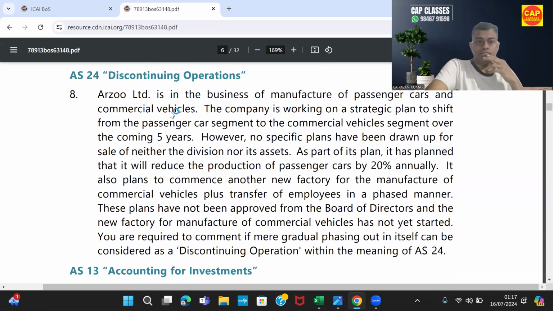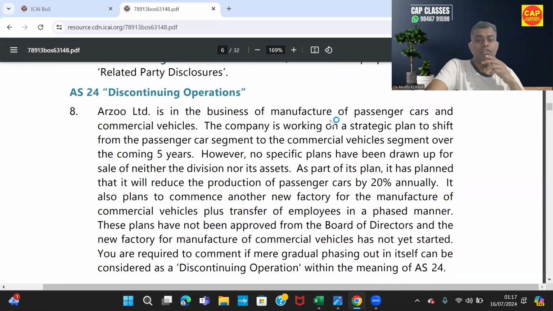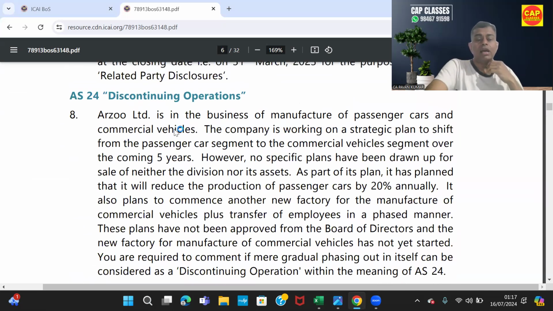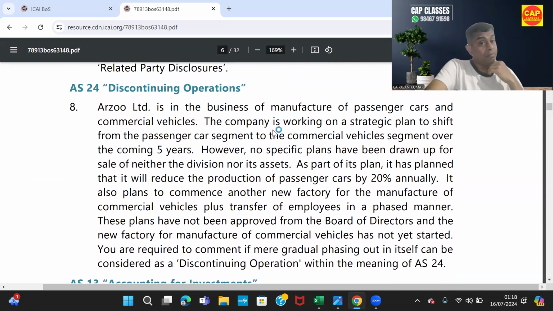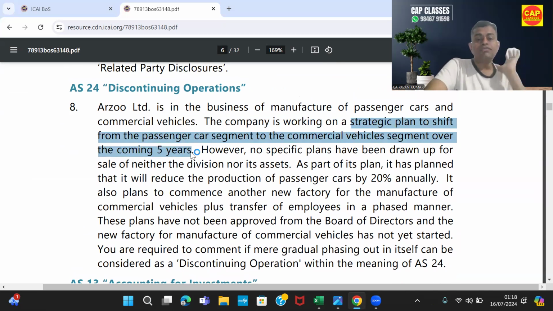Arzu Limited is in the business of manufacture of passenger cars and commercial vehicles. The company is working on a strategic plan to shift from passenger car segment to commercial vehicle segment over the next 5 years. Take a minute, read it again. The company is working on. Has a decision been made?